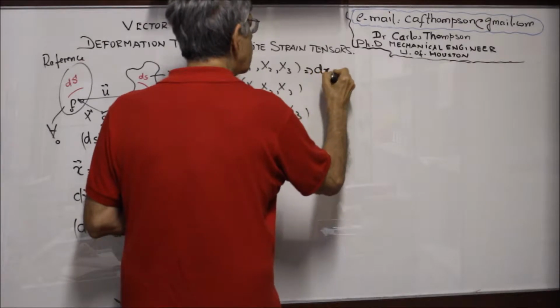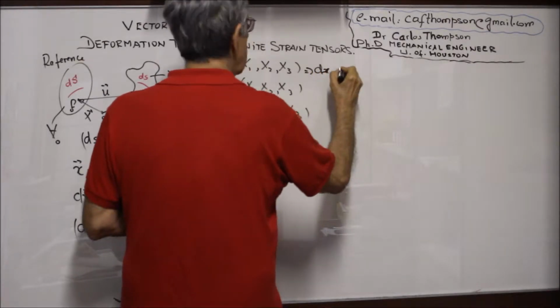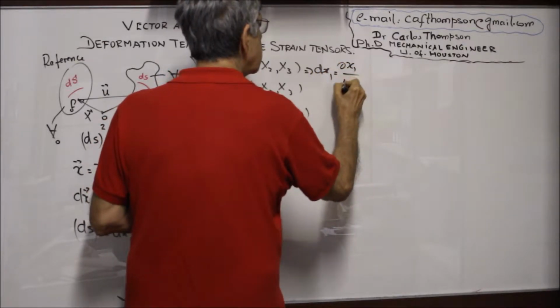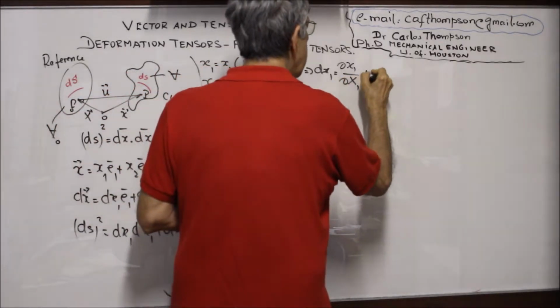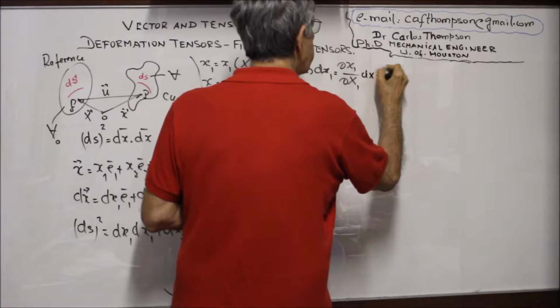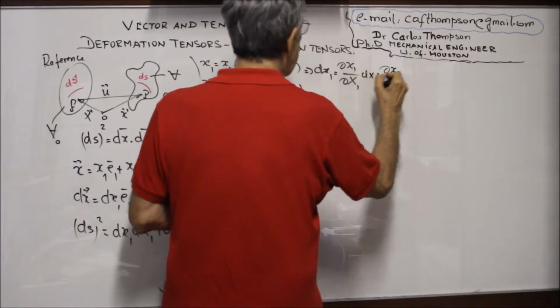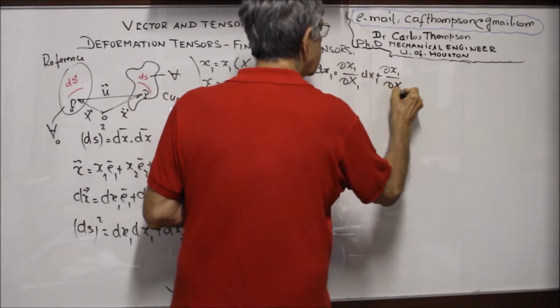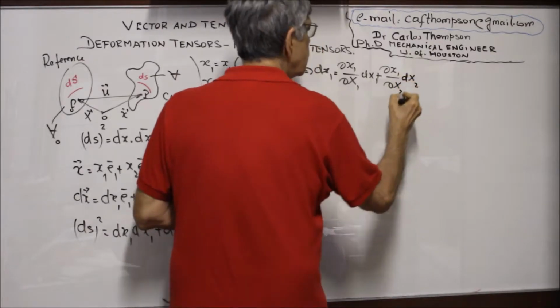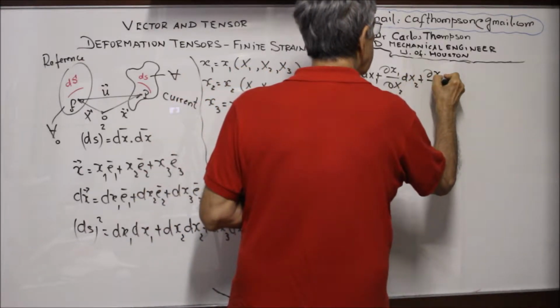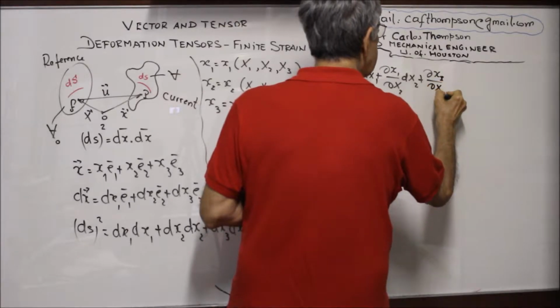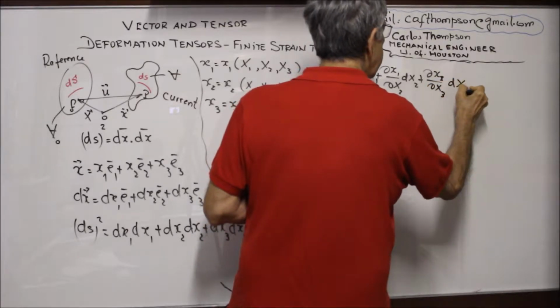So from here, dx1 is equal to the partial of x1 with respect to X1 dX1 plus the partial of x1 with respect to X2 dX2 plus the partial of x1 with respect to X3 dX3.